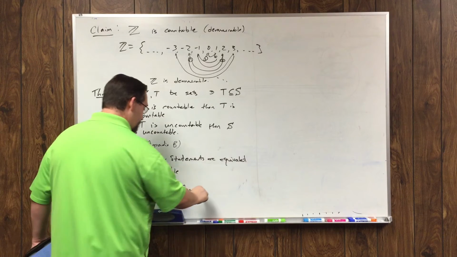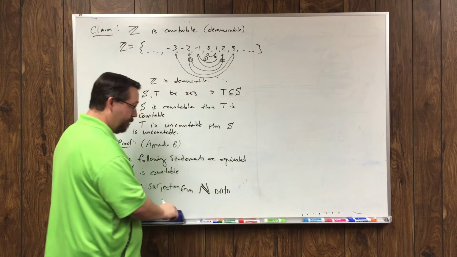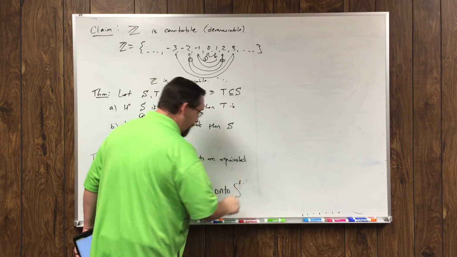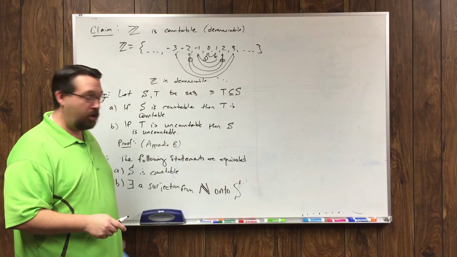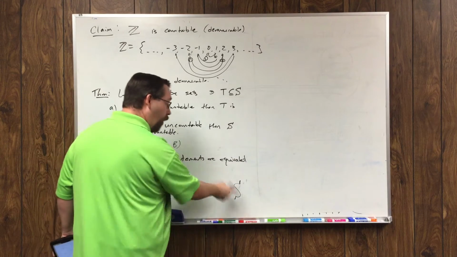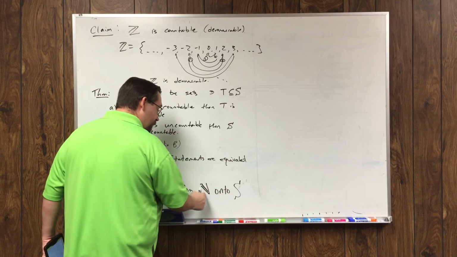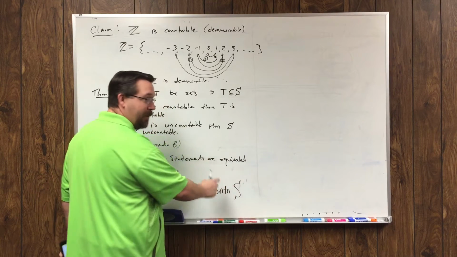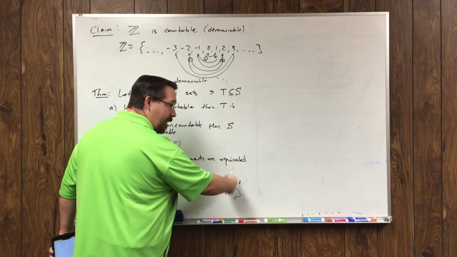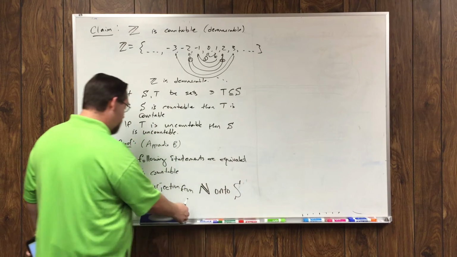So if I can take the natural numbers and form a map from here that hits every element of S, then it's denumerable, or then it's countable. Okay? So I don't have to have one-to-one if I'm going from N to S, right? I could have several of these go to the same element over here, but as long as I can get from this set and completely cover, that is completely map to every element of this set, then it's countable.